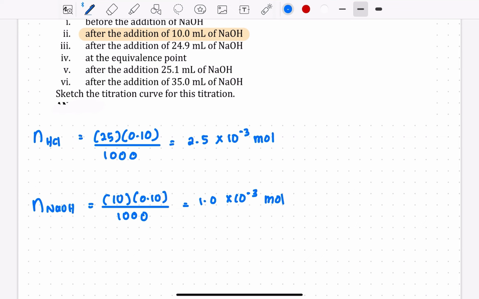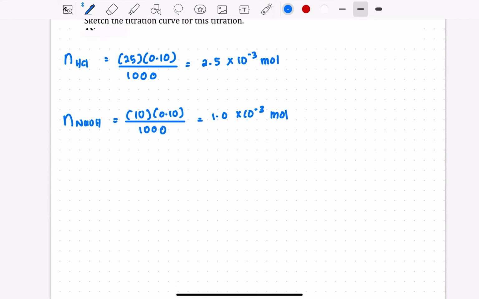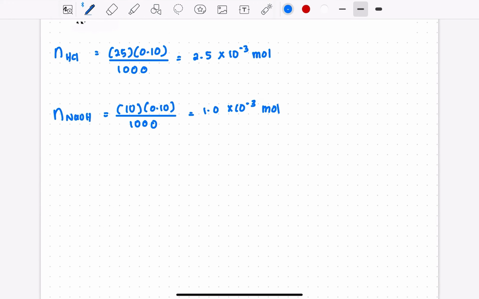Now, the next step is we have to see how the reaction goes between those moles. So I encourage you all to prepare a table, or you can just write like this. Okay, so we are going to use all the mole.